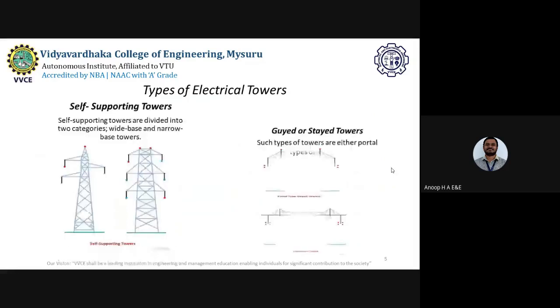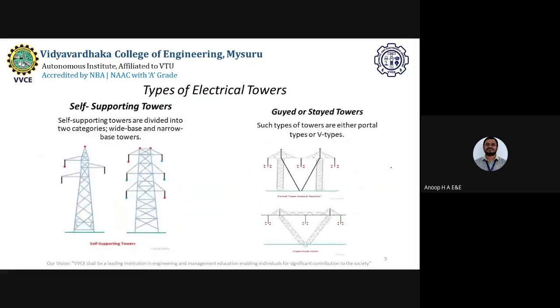Moving on to the next one. This is the self-supporting tower. Next, we have the guyed or stayed towers. It is just a representation of where we are going to use self-supporting towers. Again, it is divided into narrow base and wide base.